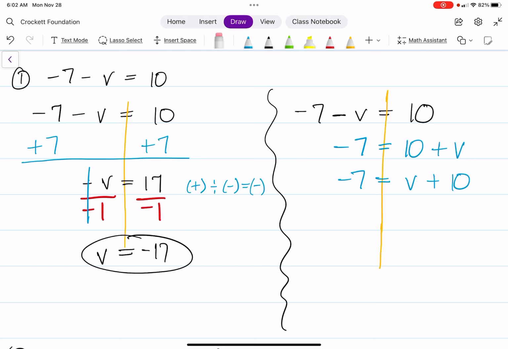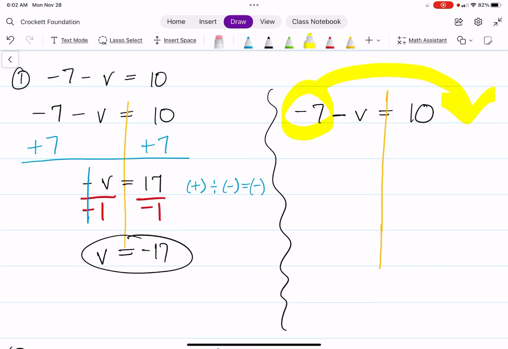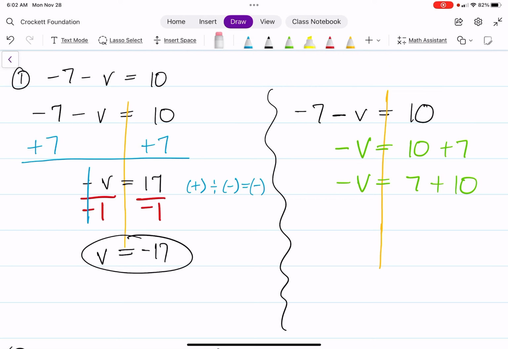If I wanted to move the -7 to the other side, remember the sign has to change to the opposite. So for this one, I could rewrite it to say -v equals 10 plus 7, or I could say -v equals 7 plus 10, okay? So that's how we're allowed to rewrite it.